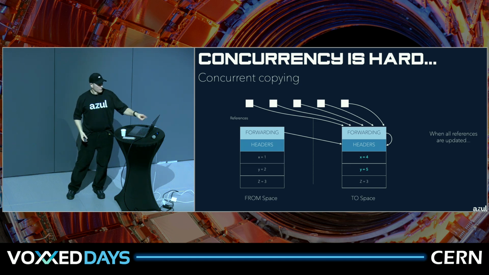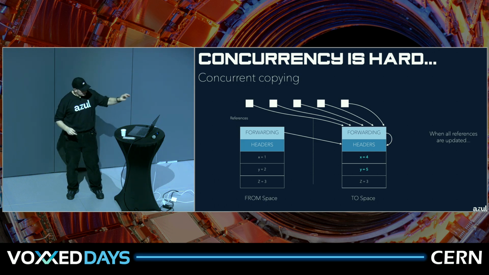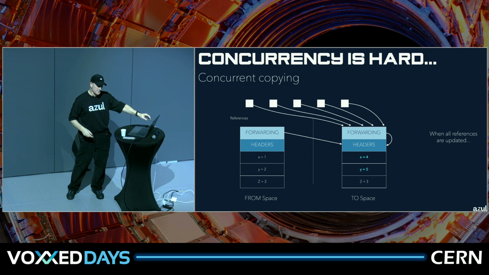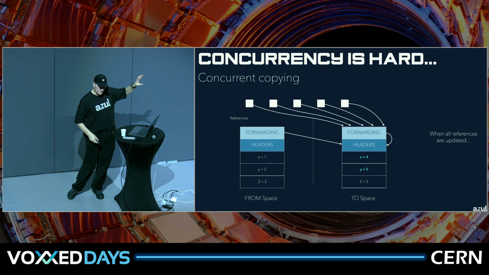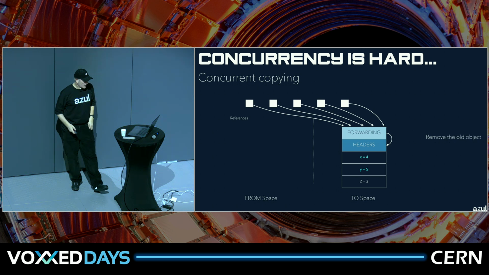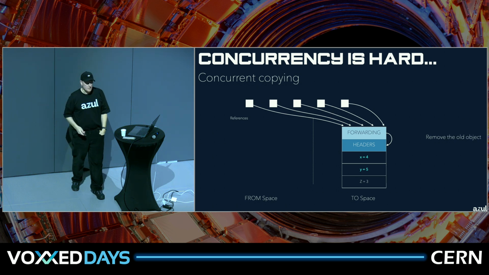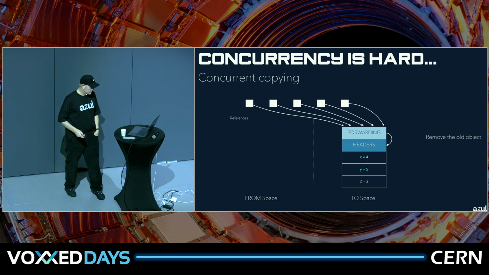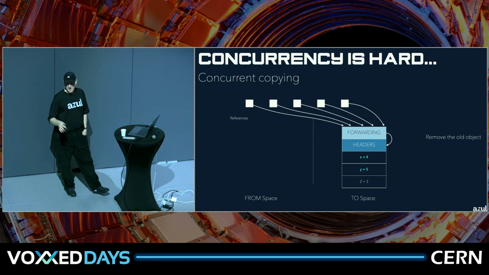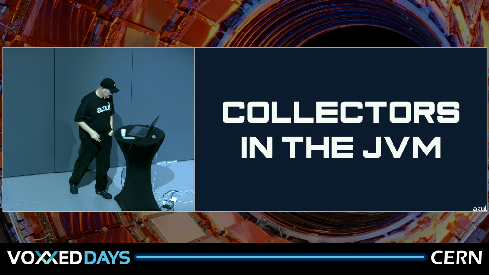I just told you we just copied the object. This is on the heap. We need this amount of memory, and we need to keep it until we have updated all the references, and then we can remove the old one. Until this point, we have to keep it. Then we remove it from the heap, and it's finally gone, and everything is working on the new object. That's the idea. You don't have to remember all this. It's just so that you get an idea of how to get rid of this problem.